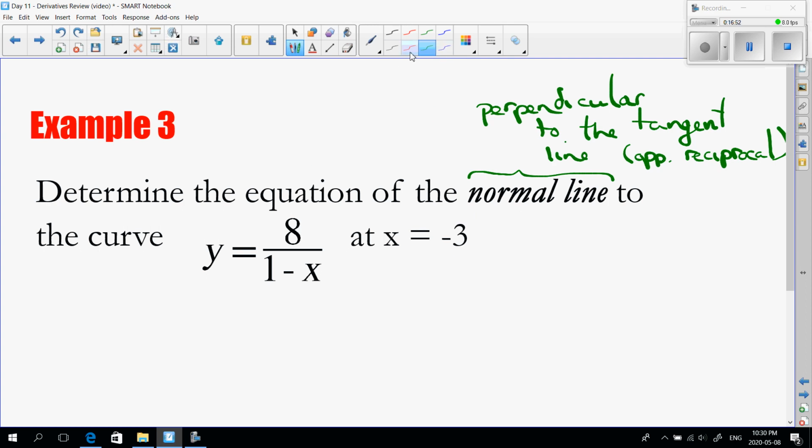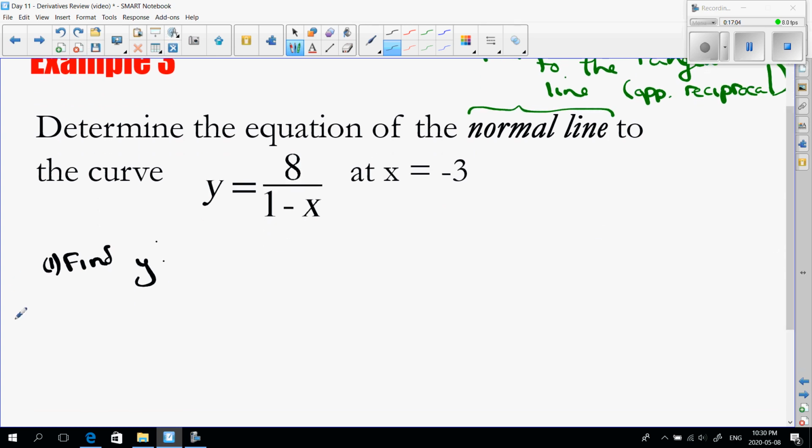Remember, I need to use the equation y minus y1 equals m times x minus x1. So for step 1, I'll say find y. In order to find y, I'm going to take my original function that says y equals, could say f of x as well, 1 minus x, and I'm going to replace the x with a negative 3.